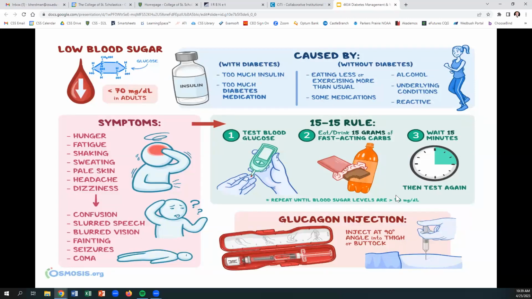Usually these are simple carbs, carbs that break down and fuel really quickly, something like a candy bar or a soda, right? Then we're going to wait 15 minutes. So that's your 15 and 15. We're going to wait 15 minutes, and then we're going to test again, right? And we're going to do this over and over again until the patient's blood sugar is either above 70 or whatever the hospital policy is for you.